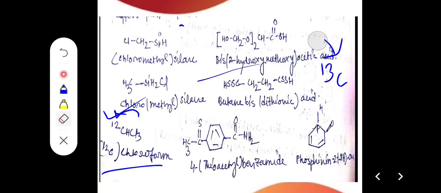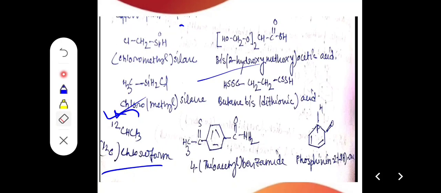So 12 carbon is NMR inactive as it is divided by 4, and 13 carbon is NMR active. So as 12 carbon is specified, this chloroform having the carbon has only one possibility, that is 12 carbon. So we have to mention in small bracket 12 carbon, then chloroform.